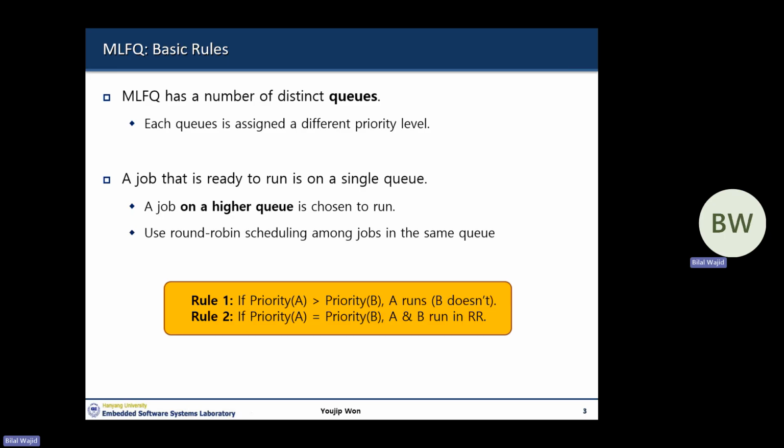Within the same queue, jobs run in round robin fashion. So rule number one of MLFQ is: if the priority of job A is higher than the priority of job B, then the one with higher priority runs. But if both have the same priority, then A and B run in round robin fashion.